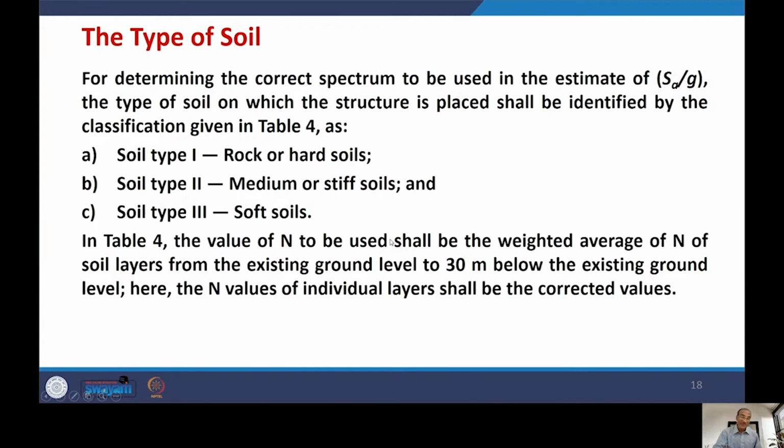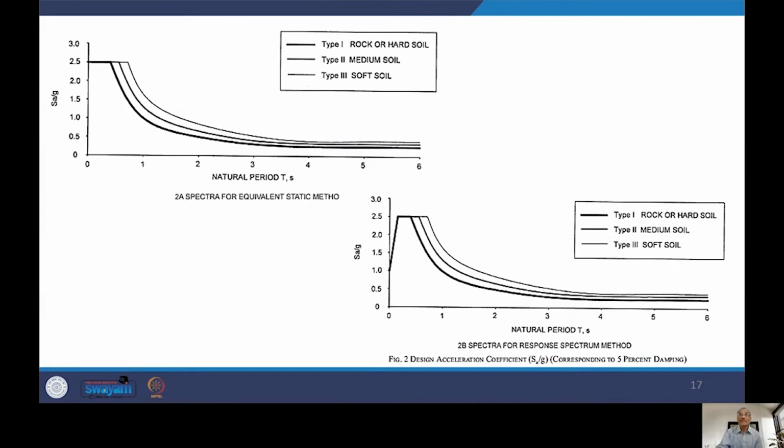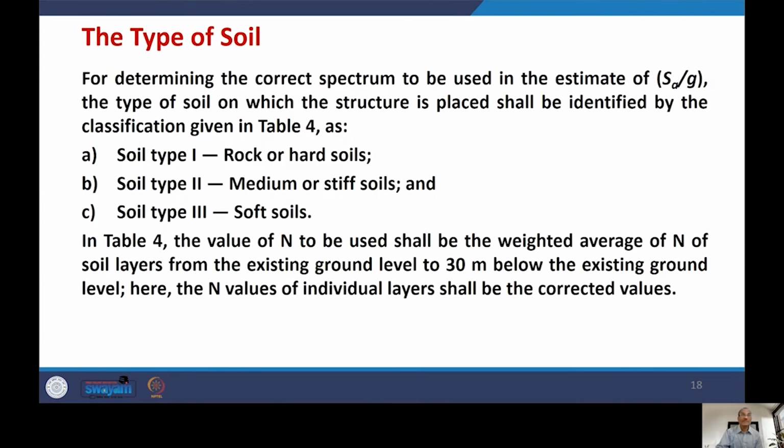Now continue with that. For determining the correct spectrum to be used in the estimate of SA by Z, which is coming here, the type of soil in which the structure is placed shall be identified by the classification given in Table 4. So in Table 4, soil type first is rock or hard soil, soil type second is medium or stiff soils, and soil type third is soft soils.